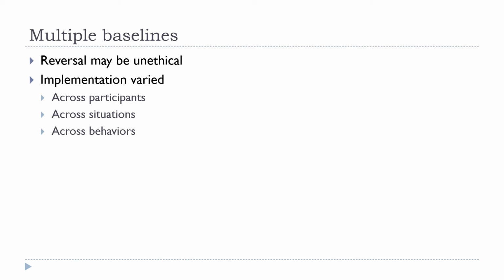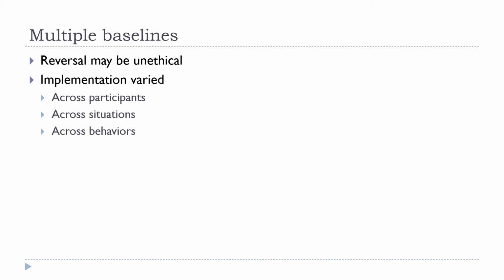So for example, you might have person A, person B, and person C who are engaged in smoking cessation, and you have a very specific therapeutic intervention that you implement for each of them, and you're able to track whether each of them experiences a shift in their behavior as a result of the therapeutic intervention. If each of them does, that strengthens your argument that the change is due to the therapeutic intervention.